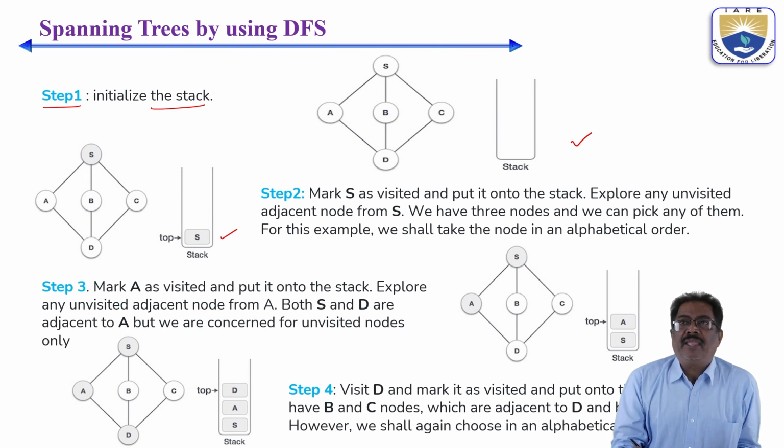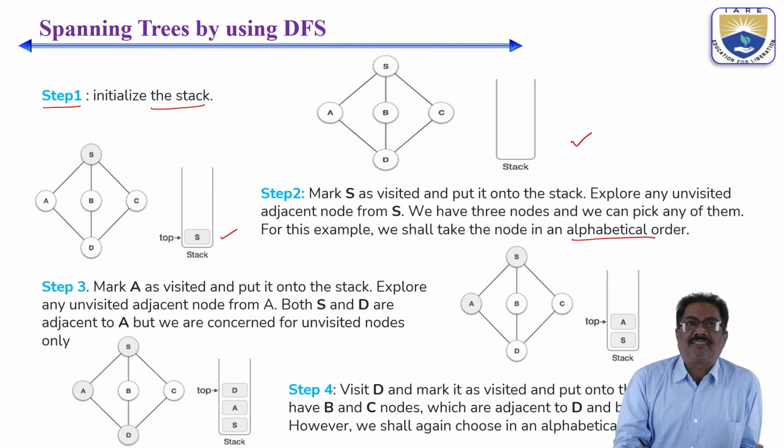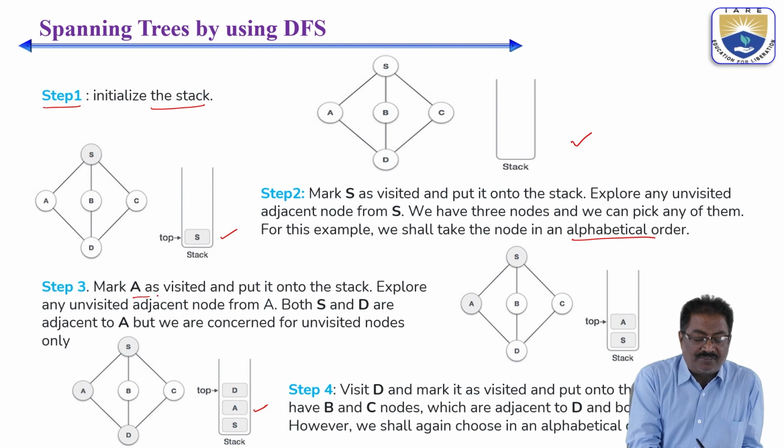Explore any unvisited adjacent node from S. We have 3 nodes and we can pick any one of them. For example, we can consider them in alphabetical order. So in the next step, let us say the adjacent vertex is A. So A is visited, and then we can put it onto the stack.